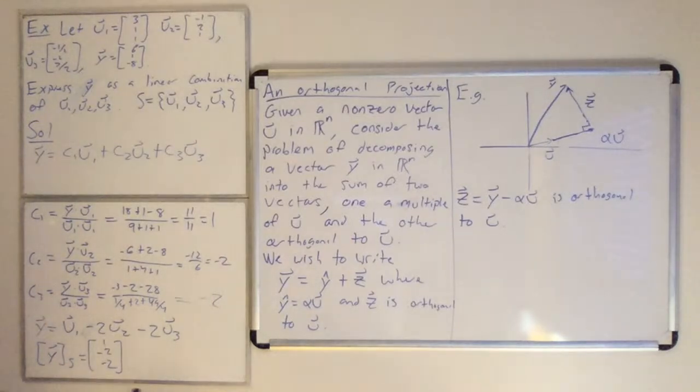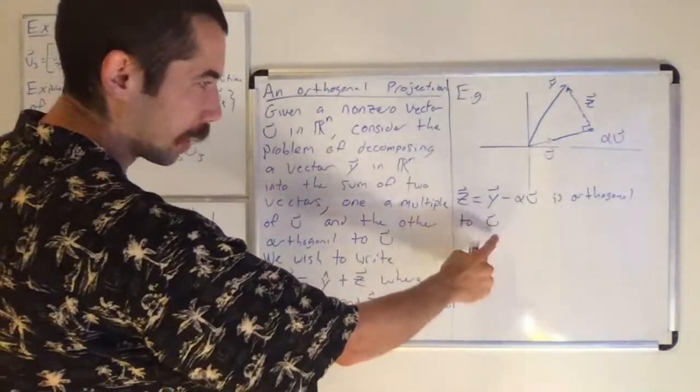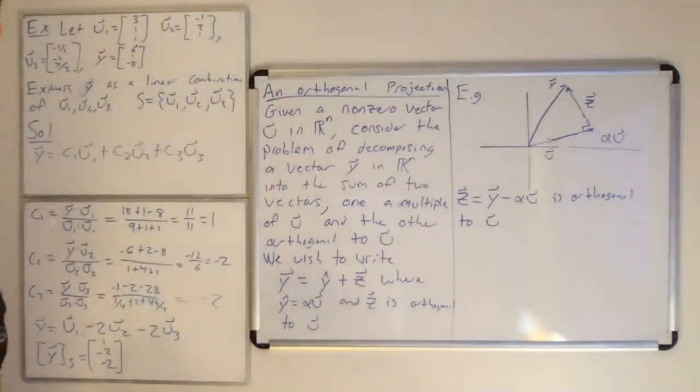Okay, so I'm going to stop writing for a second, give you a chance to catch up. But here's the question. So z is orthogonal to u. So what can we say about z and u? Yeah, their dot product is 0, right? That's what it means to be orthogonal.